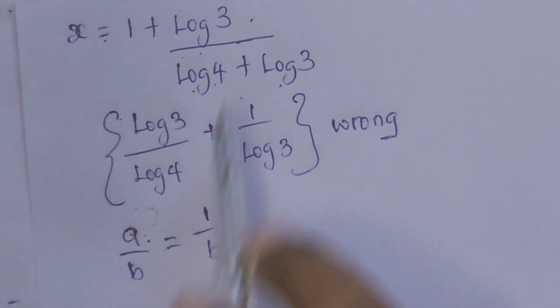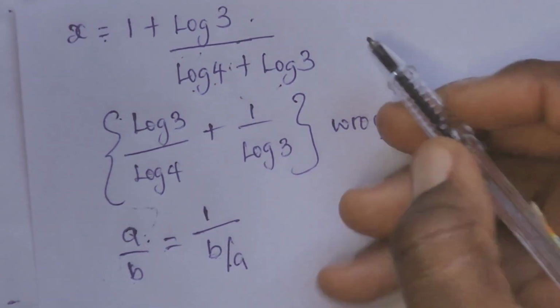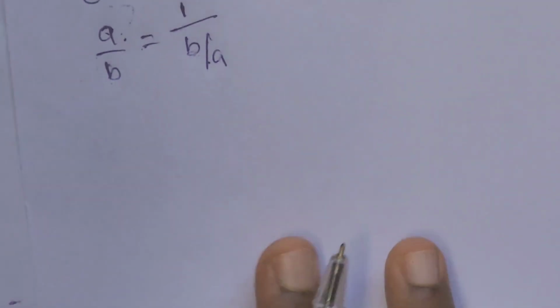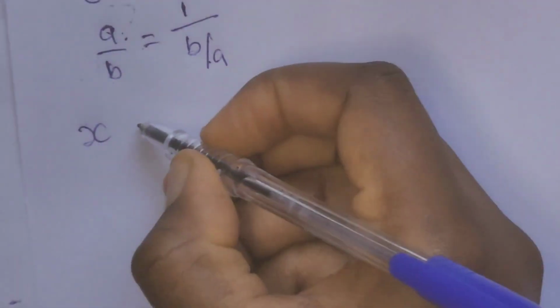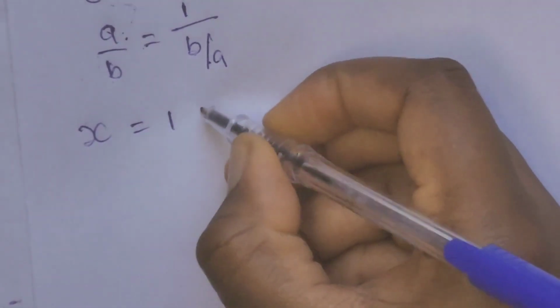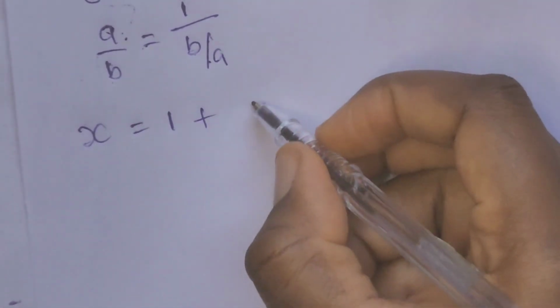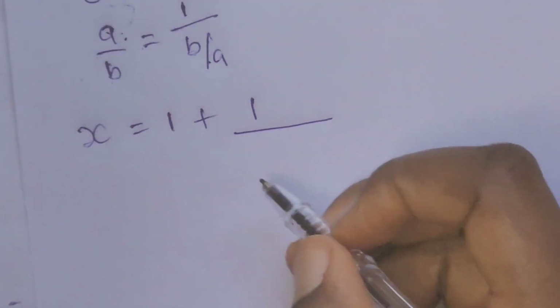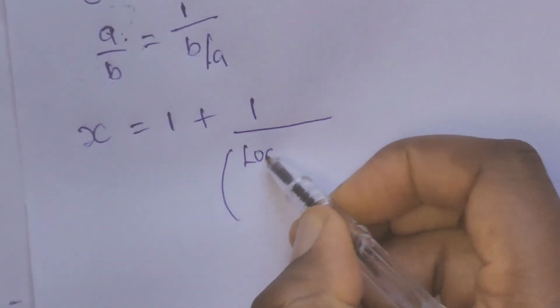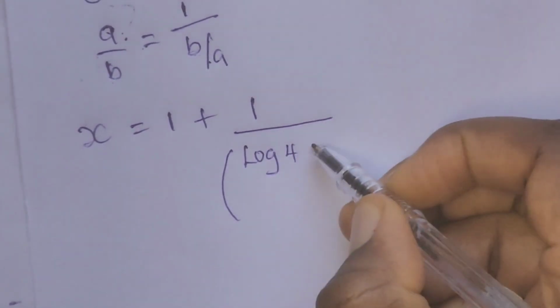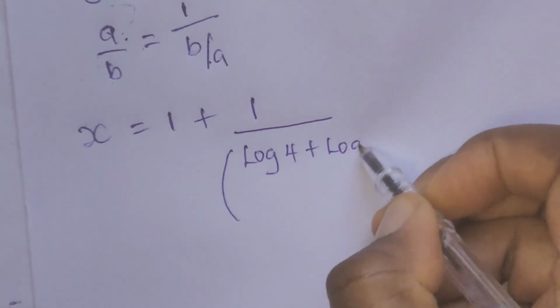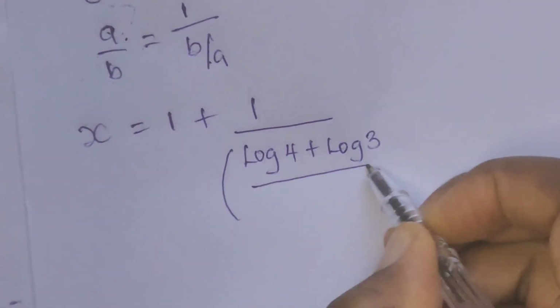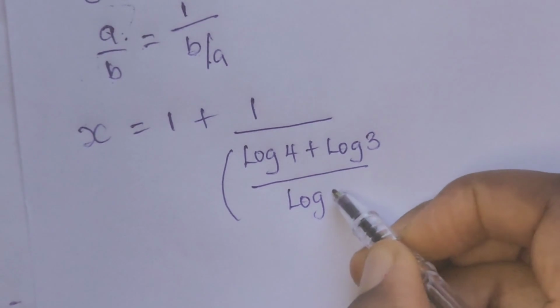So when we apply this here, x will then become, we have x to be equal to 1 plus 1 over log 4 plus log 3 all over log of 3.